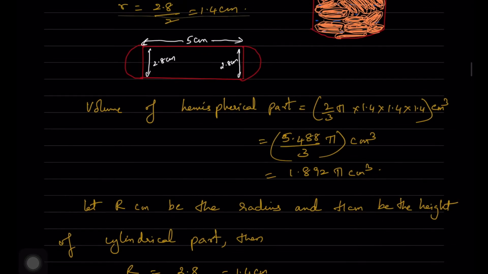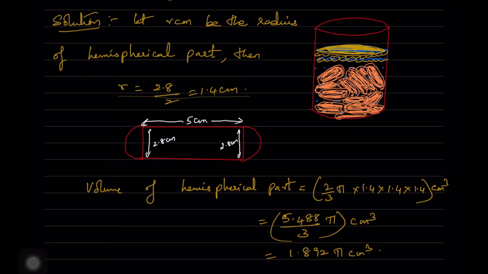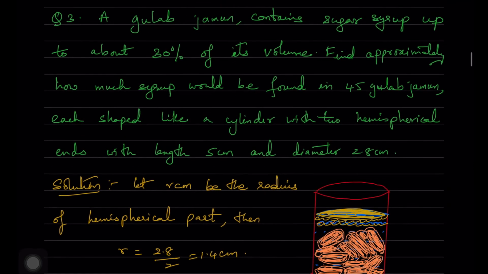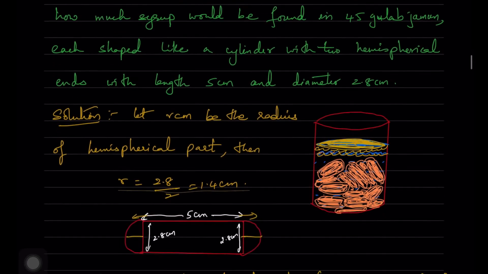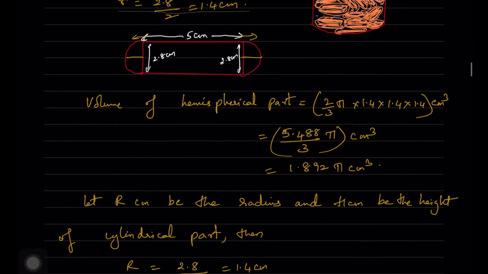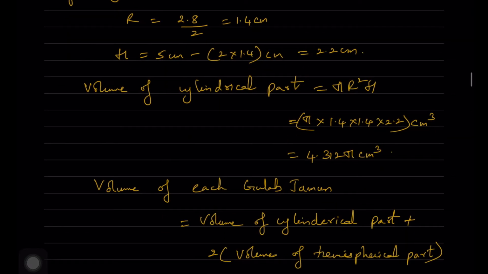You are removing this part, which I am drawing here, from both, because the total length is given as 5 centimeters, with two hemispherical ends. So this gulab jamun is of height 5 centimeters, and from this we are removing the radius part. So 5 centimeters minus 2 into 1.4 centimeters is equal to 2.2 centimeters.